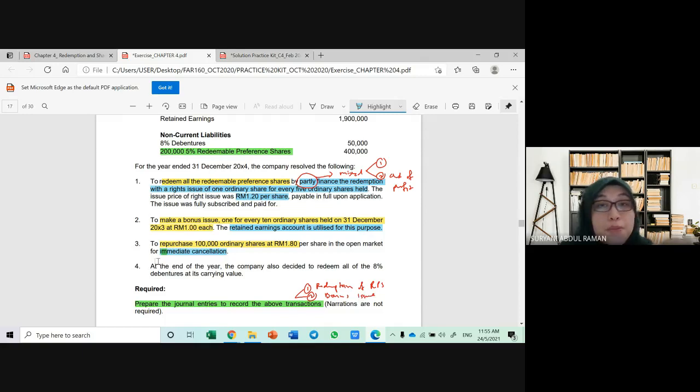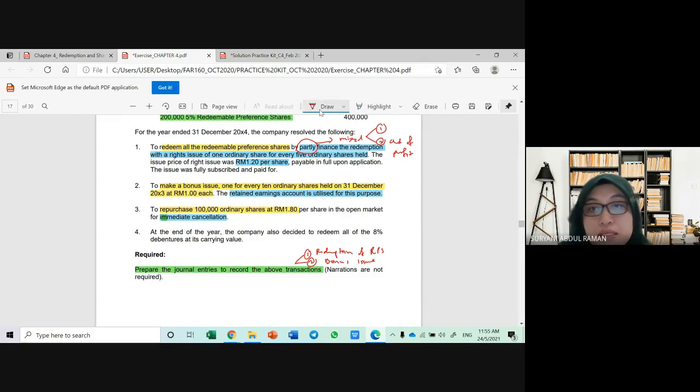So you are going to replace the shares which have been cancelled. So we have another transaction here, number 3. The third transaction will be share buyback, using the cancellation method.